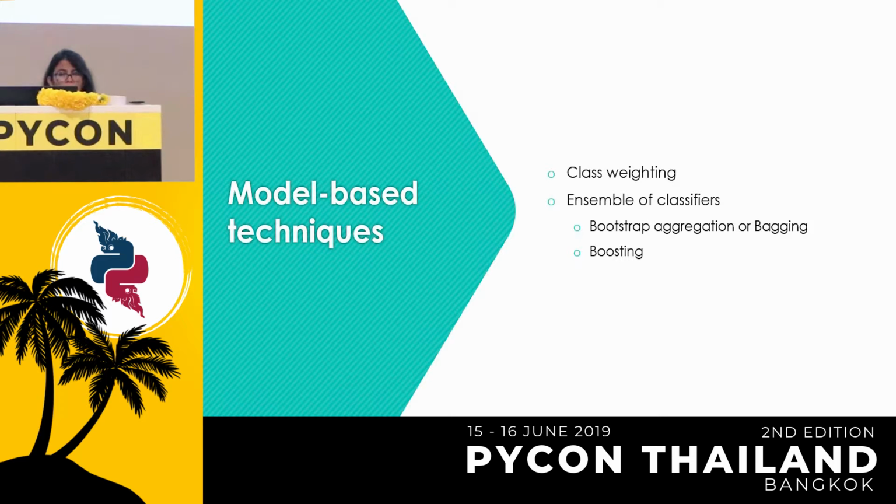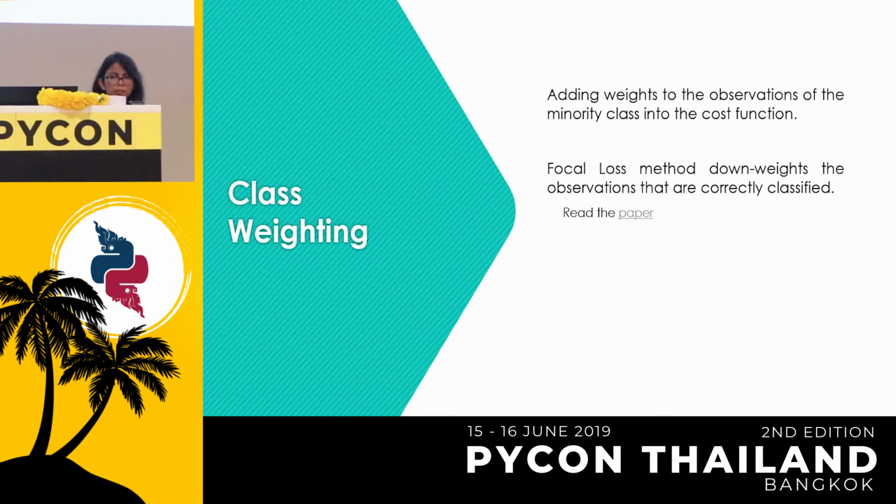For class weighting, what we do is add weights to the observations of the minority class, in order to penalize the model so that it learns the minority class examples.